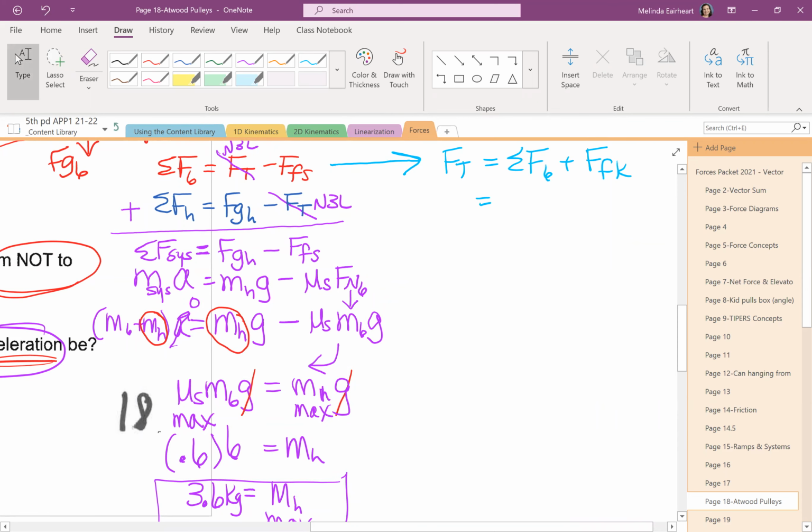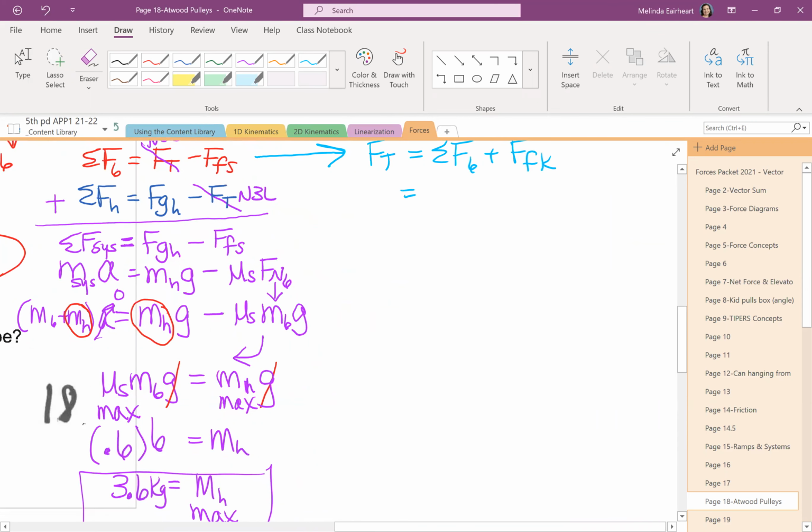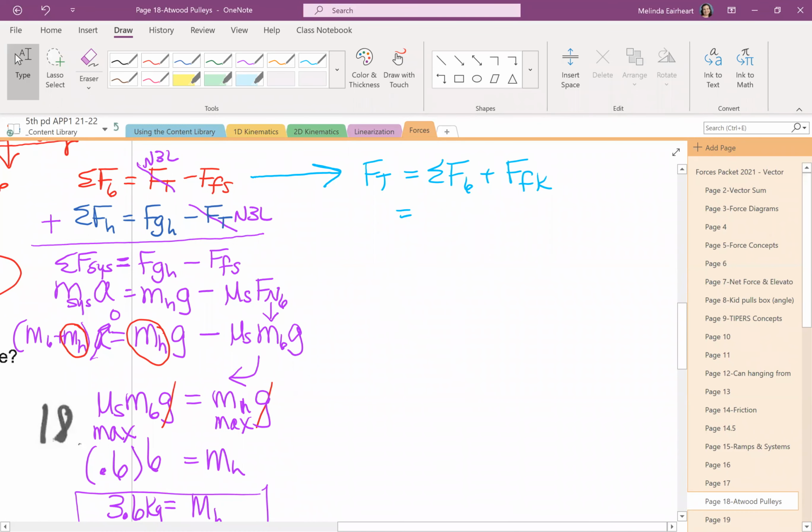F net equals, and everybody says, F net equals MA. However, when you're stationary, you're at rest, what's your acceleration? 0. So we've got 0 plus mu k Fn, which is still going to balance the weight of the 6.